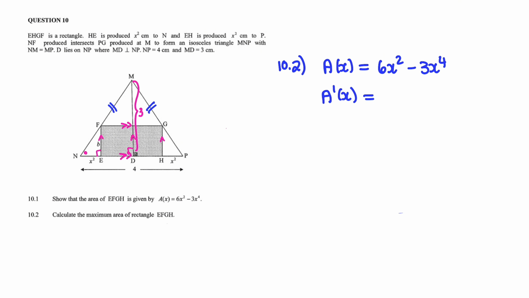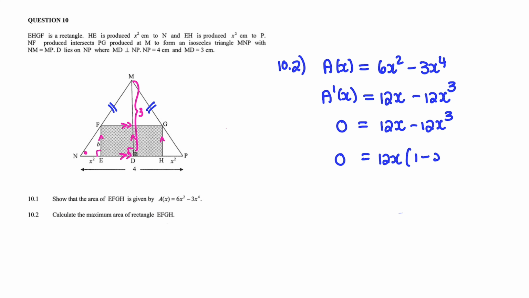So the derivative is 12x minus 12x cubed. And when I set that equal to 0, I have 12x minus 12x cubed. And I can factorize out a 12x. So I'm left with 1 minus x squared.